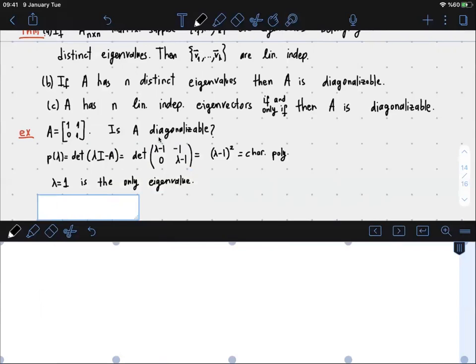To see that, we have to look for the eigenvectors. If we can only find one linearly independent eigenvector, then this is not diagonalizable. If we can find two linearly independent eigenvectors, this is diagonalizable. Okay, let's check it.